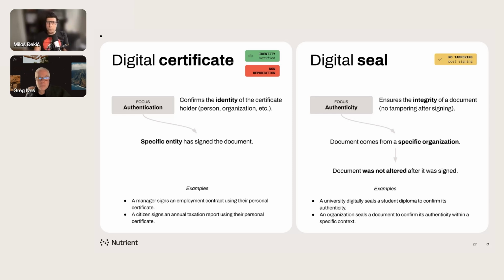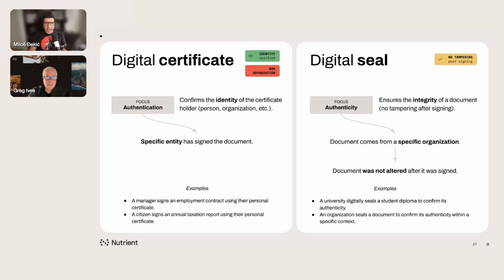So both things work in a very similar manner in that technical sense, but they're used for different purposes. The purpose of a digital certificate is to authenticate a person or organization. So it's all about confirming the identity of the holder of the certificate.